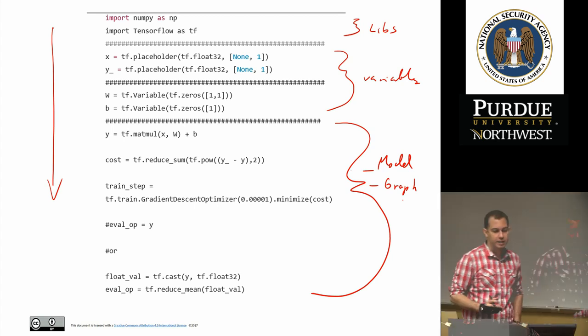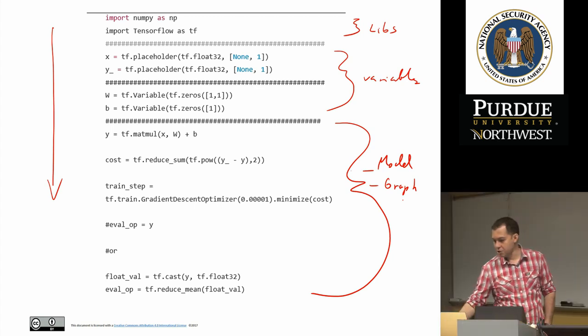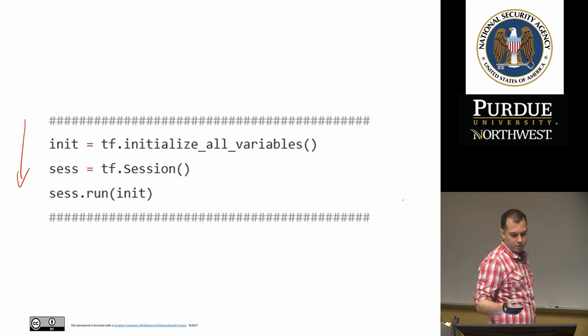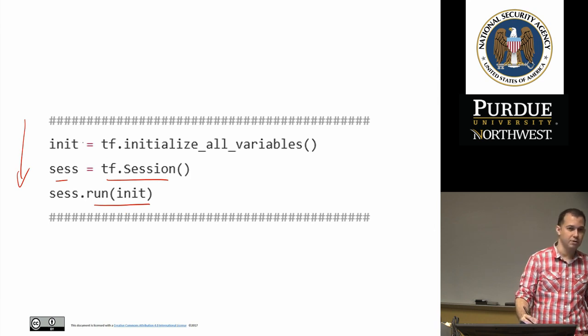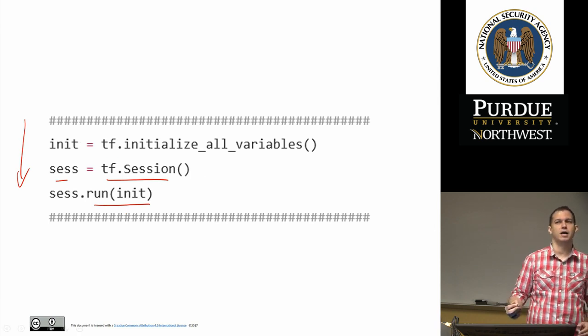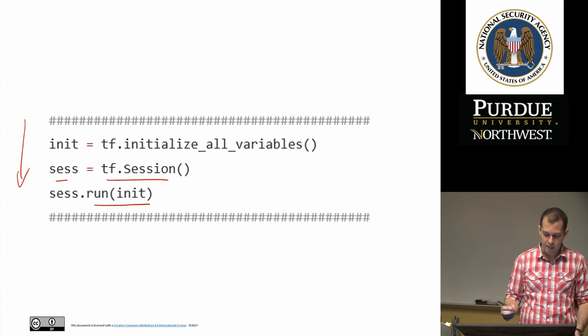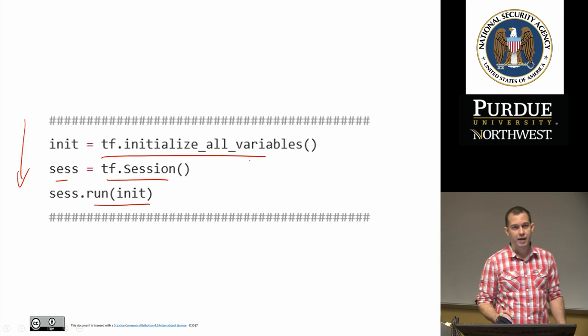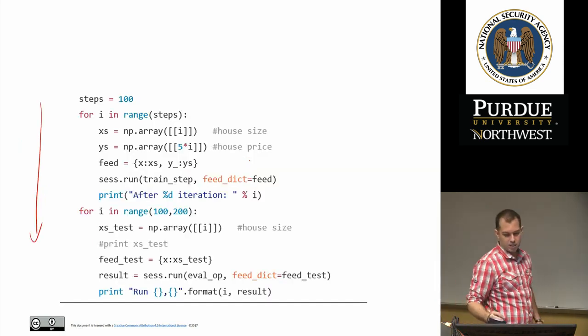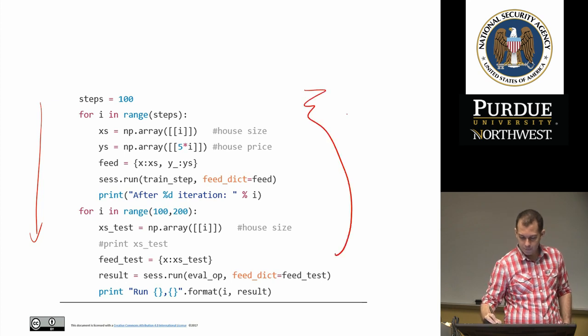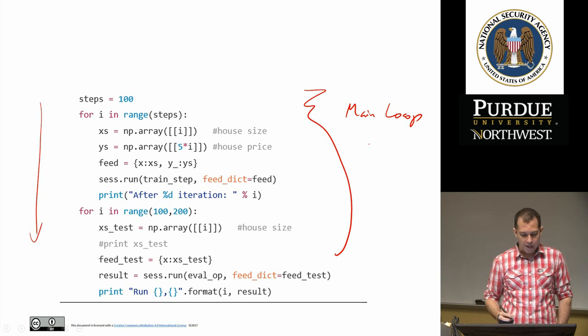Remember that nothing gets run until you create the session. That's what we have over here. The next step is to define the session variable, and we run something. Whenever you create a graph, you want to initialize the elements in that graph, the data types, etc. So we use something like this. And finally, once everything is done, we have the main loop of the code, where we actually do the training.